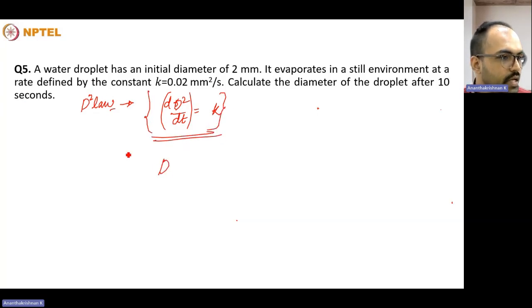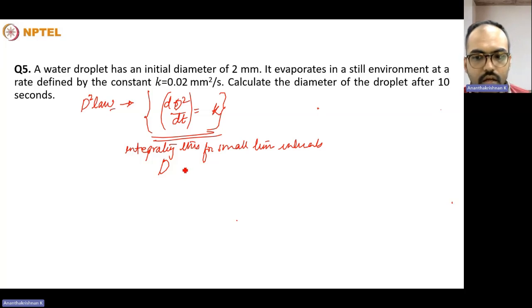So integrating this for small time intervals, we'll get the final D as a function of K and the time difference.